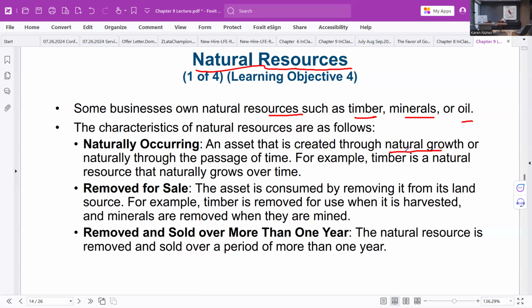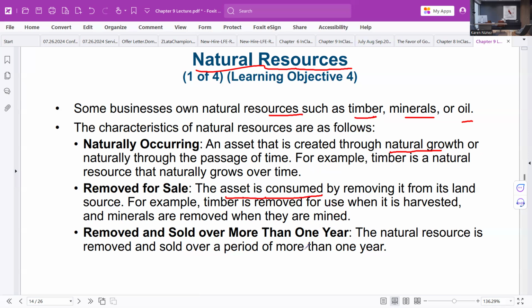Instead, these assets grow naturally, and then we have to actually remove them in order to be able to sell them. So the assets are essentially consumed by removing them. As we remove them from the land, they become consumed, and the available amount is reduced as we harvest them from the ground, if you will.